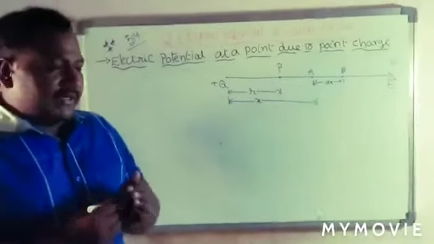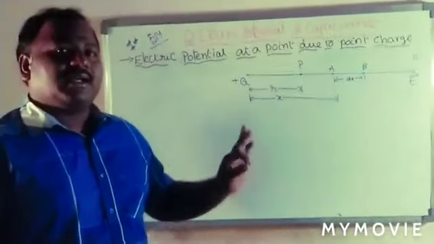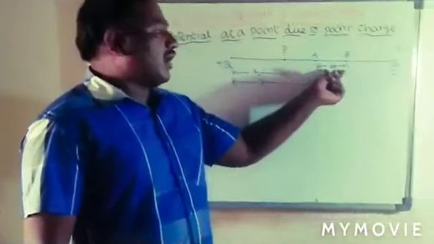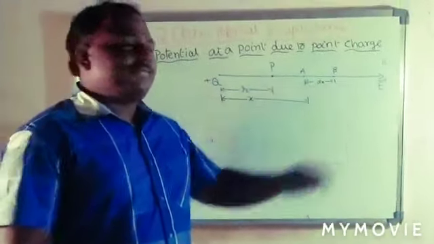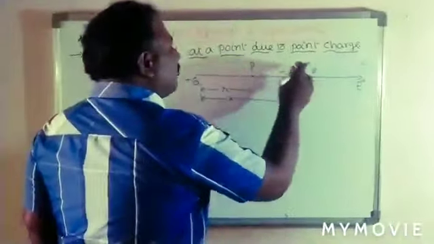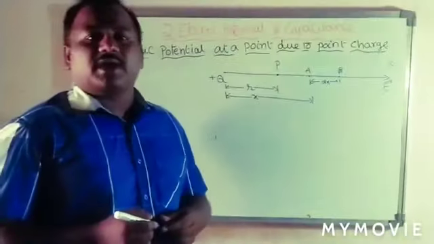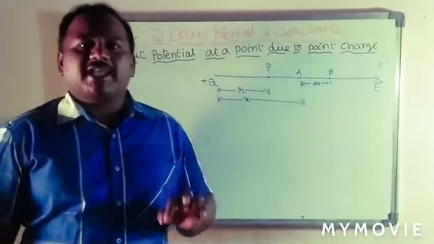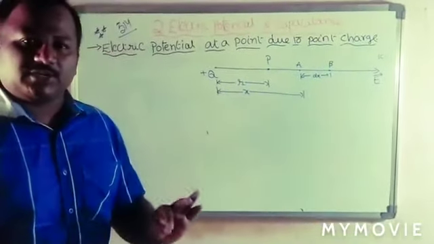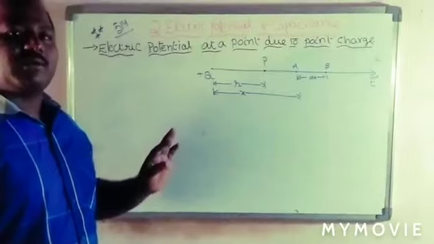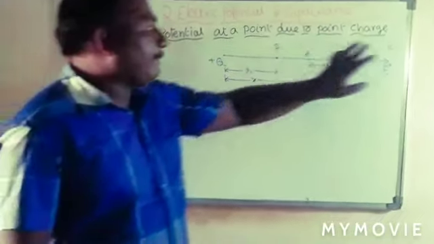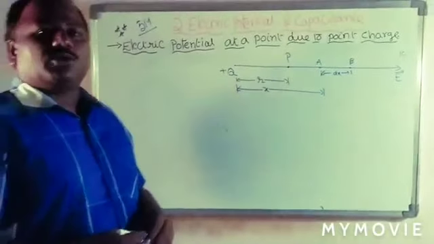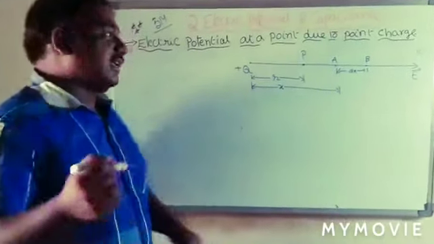Then I have to find the work done and the potential. To know that, I consider a small condition: if that 1 coulomb charge is moving from B to A, we calculate a small work done dW. By taking integration of dW, we get the total work done to move a charge from infinite distance to the point P. See how to derive that electric potential.